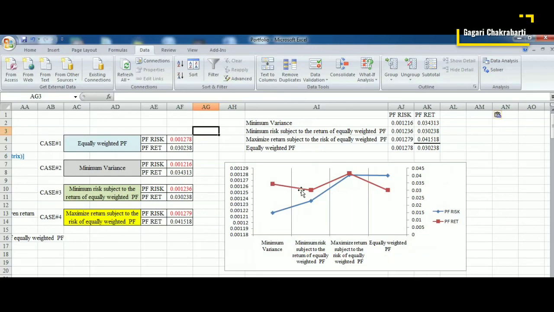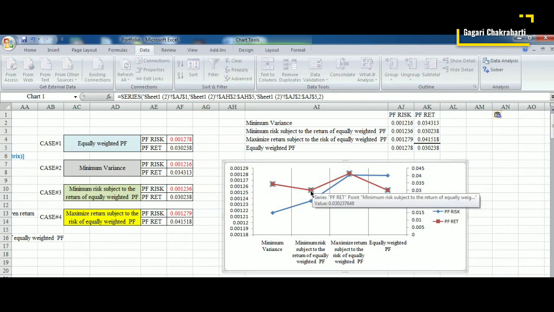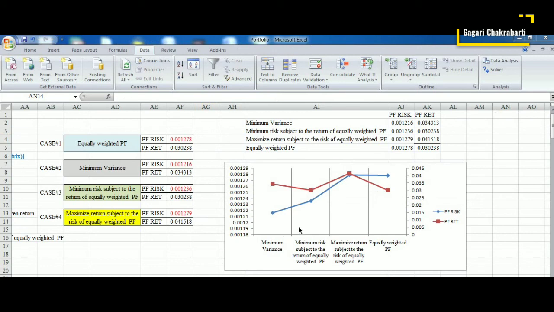If we compare the risk and return of the equally weighted portfolio, then we find that the equally weighted portfolio gives the lower return at the same level of risk, and it will be giving us a higher risk at the same level of return. So that is how we construct the portfolios, and we can make a comparison among them.